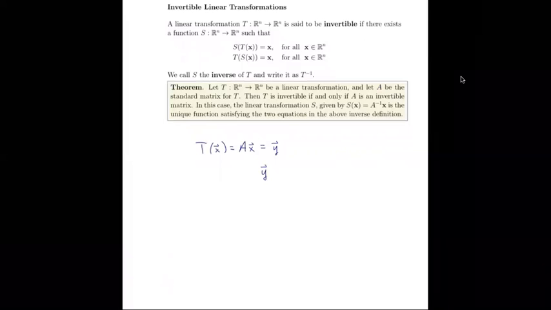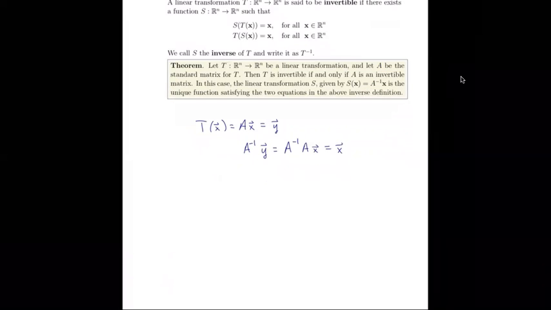Well, the way we get to that is A inverse against y, because that's A inverse against A x, and on this side we have x. So we're going backwards from y to x through the inverse A. And so we have this statement here, A inverse y is equal to x. So the inverse function of T has standard matrix A inverse.